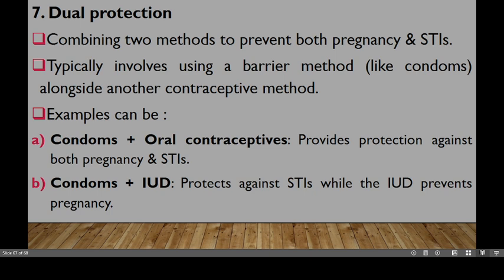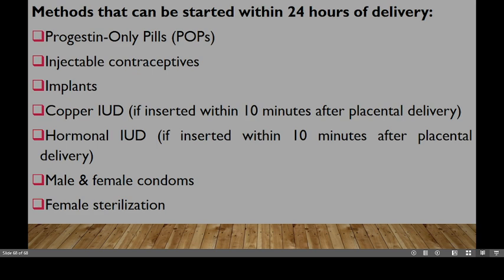The best combinations we have are a condom and an oral contraceptive, which provide protection against pregnancy and STIs. You could also use condoms and an IUCD, where the condom protects against STIs while the IUCD prevents pregnancy.